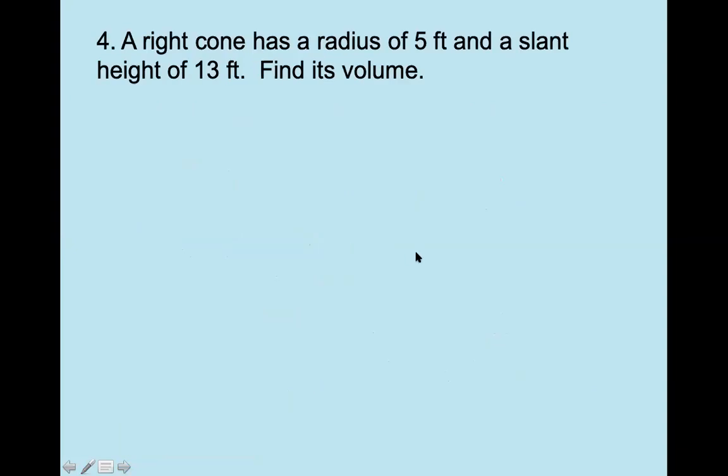This time it's a word problem. It says a right cone has a radius of 5 feet and a slant height of 13. Find its volume. So I'm going to draw a picture. I like to see what it looks like. So I've got a right cone here.